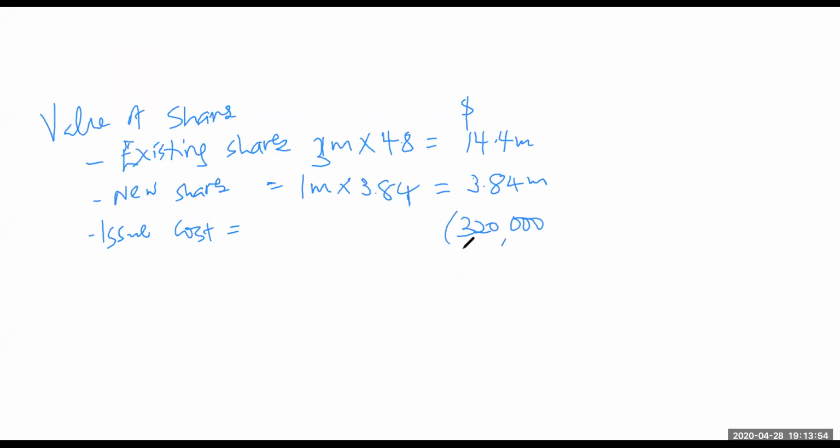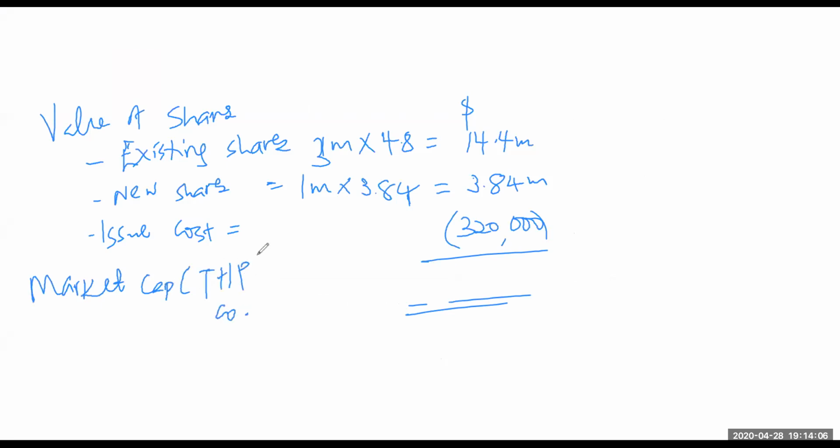So minus 320,000, and that gives you the value or the market cap of THP company after the rights issue, ignoring the use of funds. So 14.4 million plus the value of the new shares, minus any cost the company incurred along the way.